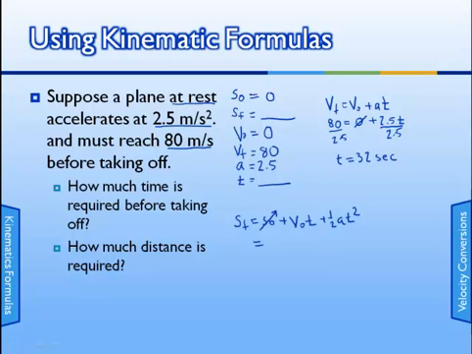The initial velocity is also 0, so 0 times 32 is just 0, so this term doesn't really need to be in this equation either. And so we're left with 1/2 times the acceleration, which was 2.5, times 32 squared.